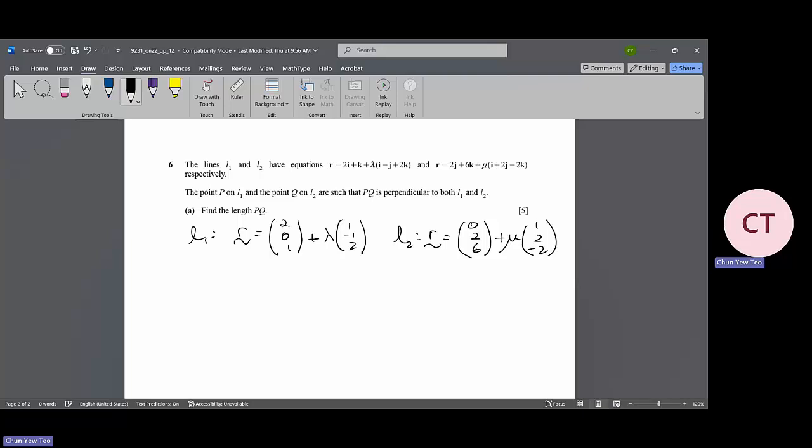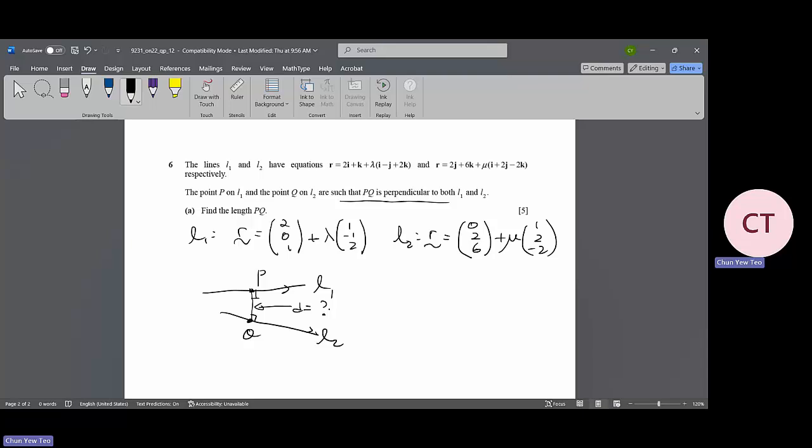The question mentioned that the line L1 contains the point P, and the line L2 contains the point Q, and they say that PQ is perpendicular to both lines. So this is actually the shortest distance between the two skew lines.